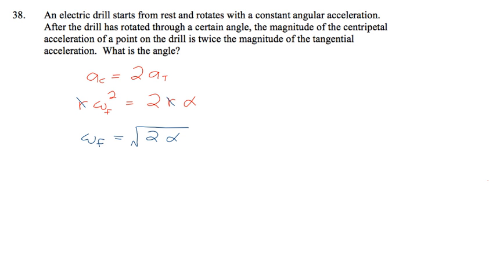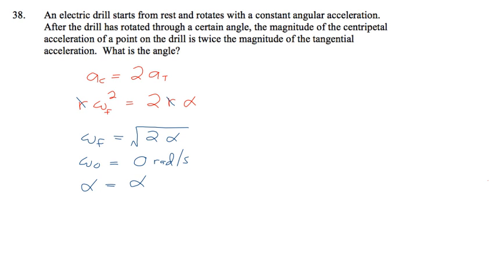So I'm just going to leave it like that. I'm just going to leave that as my variable. And then what's my omega O? What is it? 0. Now my alpha is just alpha, because I don't know what the value is, but we'll just call it alpha.